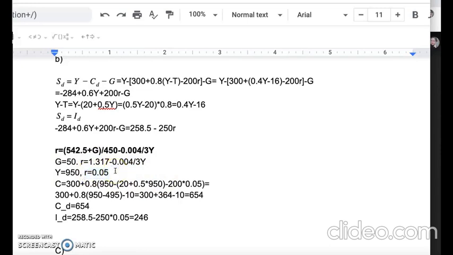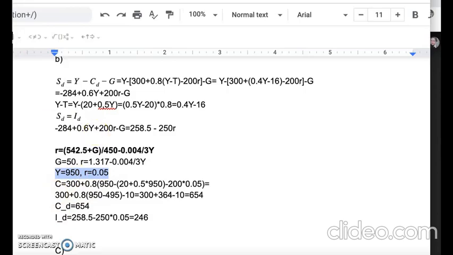After that, we use these values to find desired consumption and desired investment values.